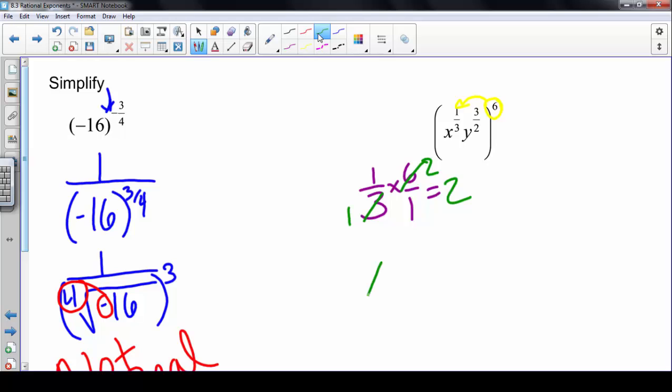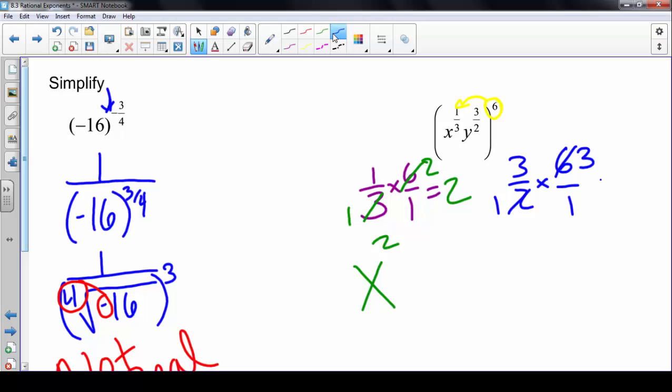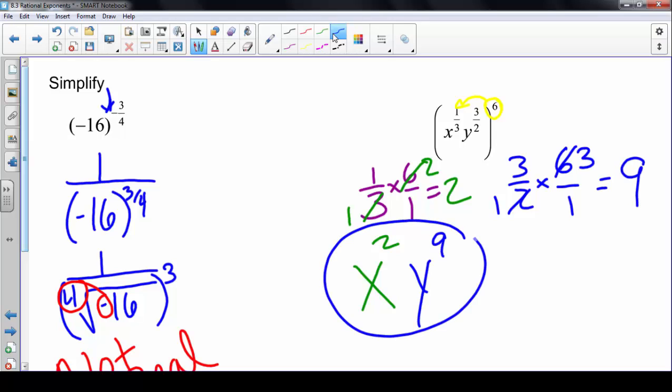So that means we had x squared. And now doing our y, we'd have 3/2 times 6 over 1. And y to the 9th. So the exponent rules haven't changed. It's just that now we're going to be doing fractions with our exponents.